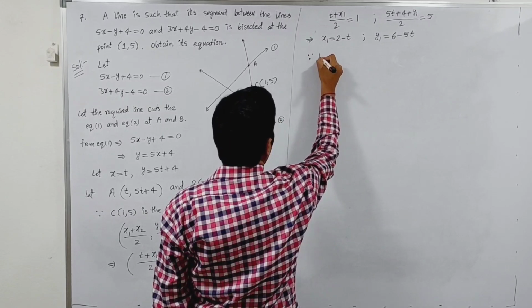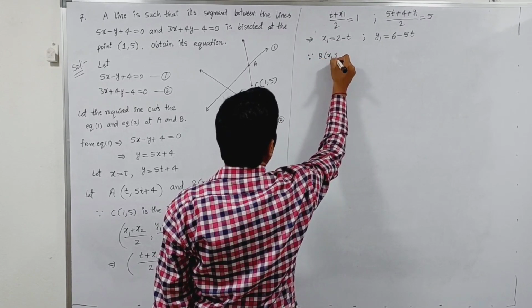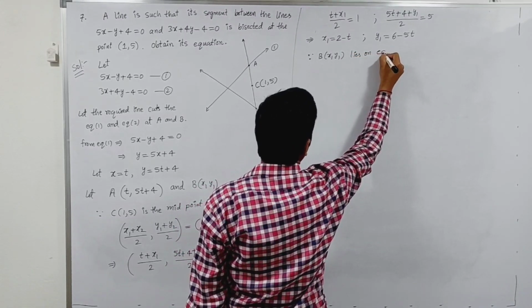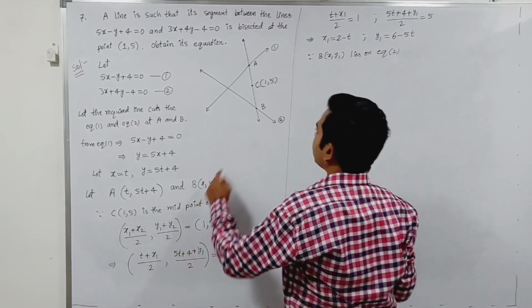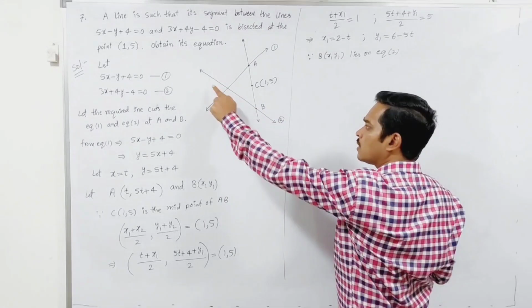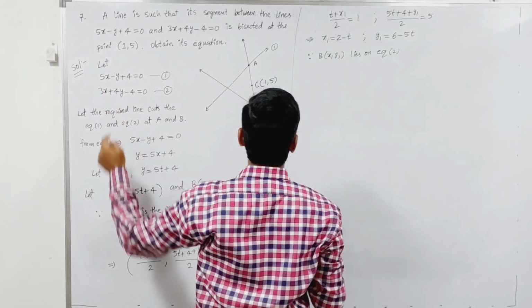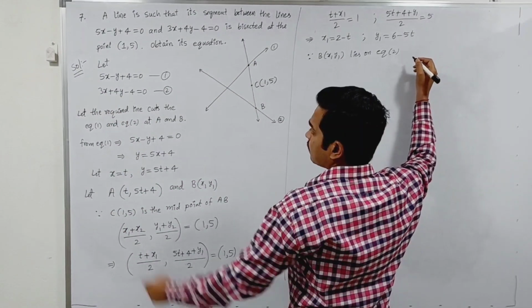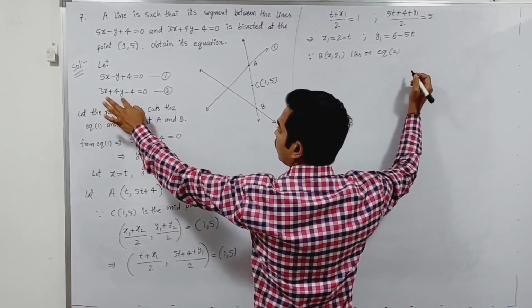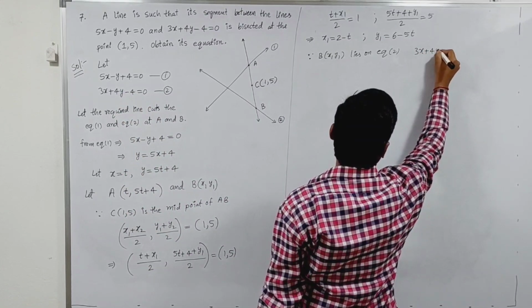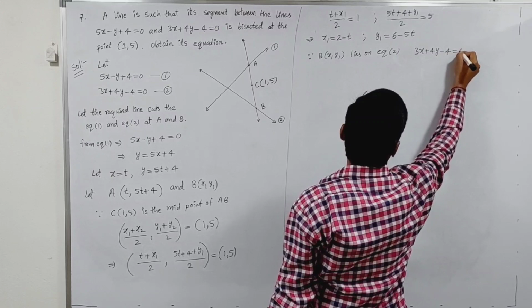Since B (x1, y1) lies on equation 2, B is the point on the second line. What is the second equation here? Equation 2 is 3x plus 4y minus 4 equal to 0.